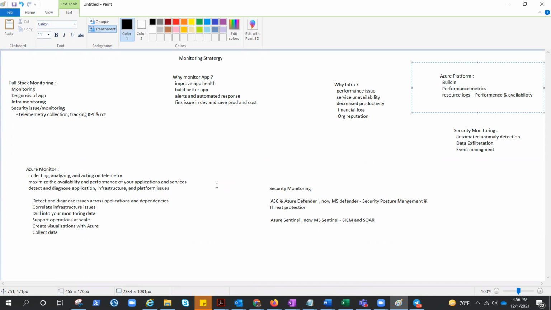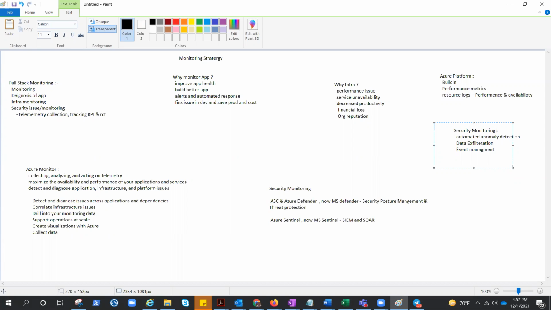For example, you should monitor and alert on risks to the security of infrastructure, such as suspicious user accounts or malicious IP addresses, data exfiltration.